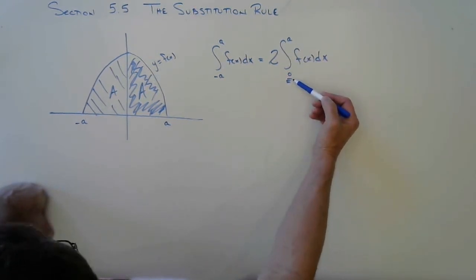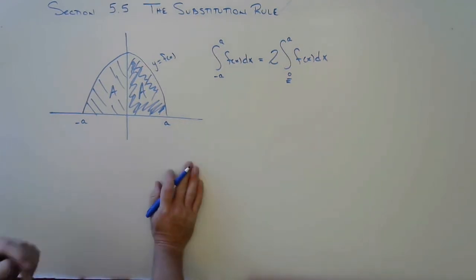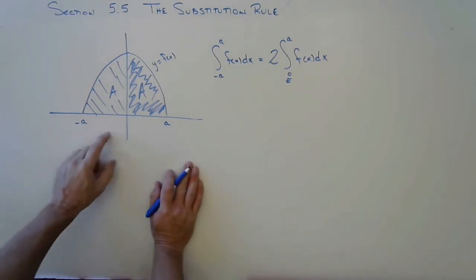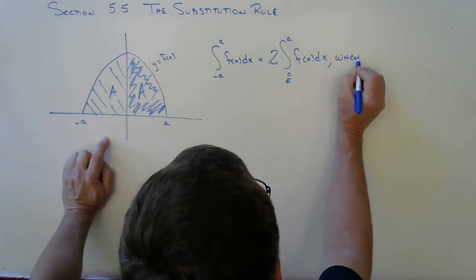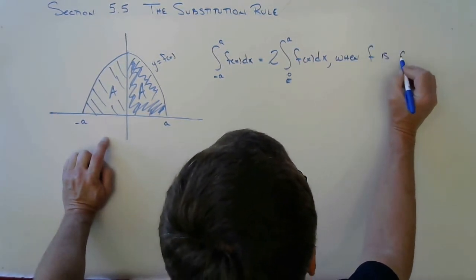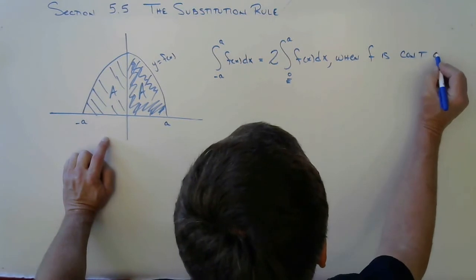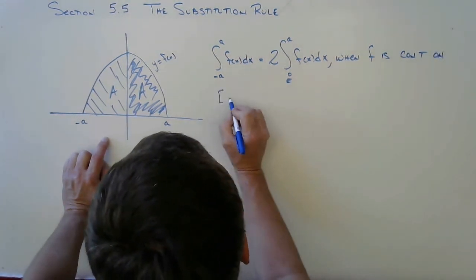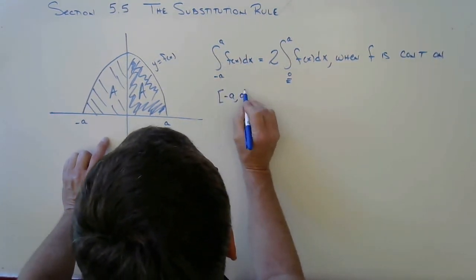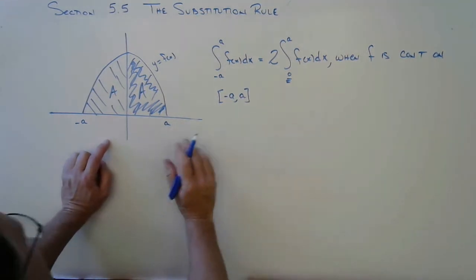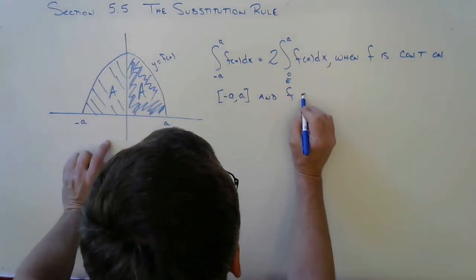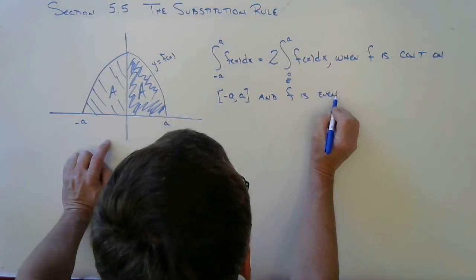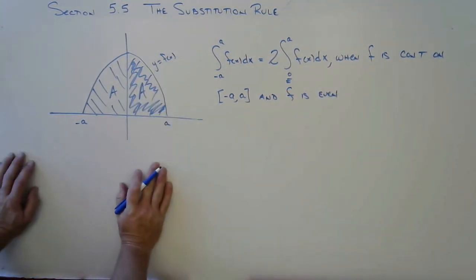Much nicer arithmetic typically occurs when we notice this. So remember, this is true when f is continuous on negative a to a and f is even, right? We have y-axis symmetry.